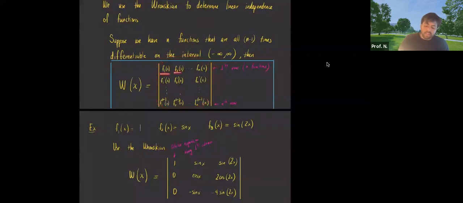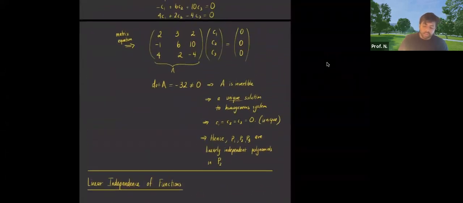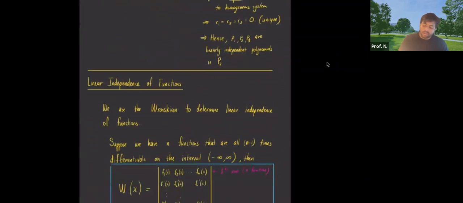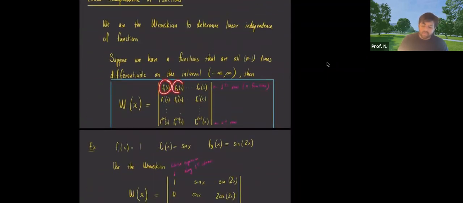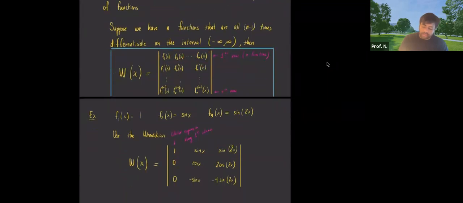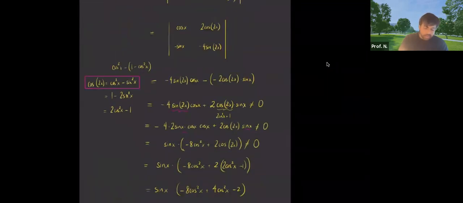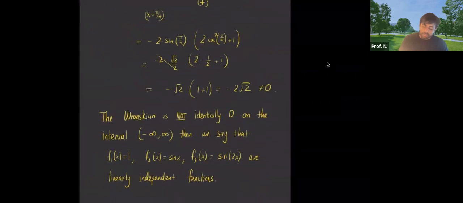And these functions are not as clean, for example, as vectors or as matrices. These functions can be anything. They could be exponential functions, they could be trigonometric functions, they could be polynomial functions, and so on.